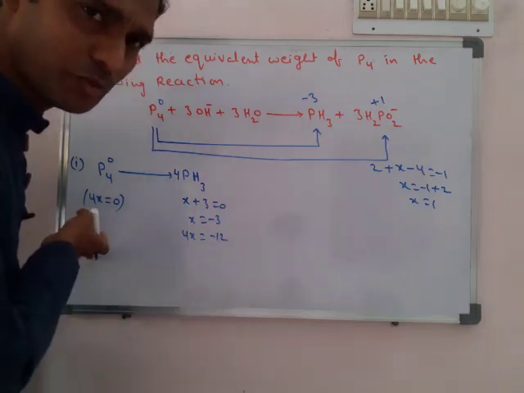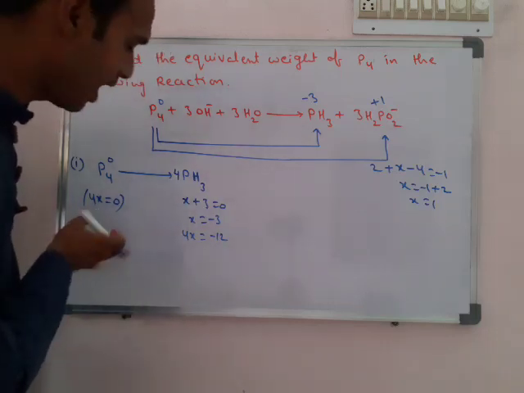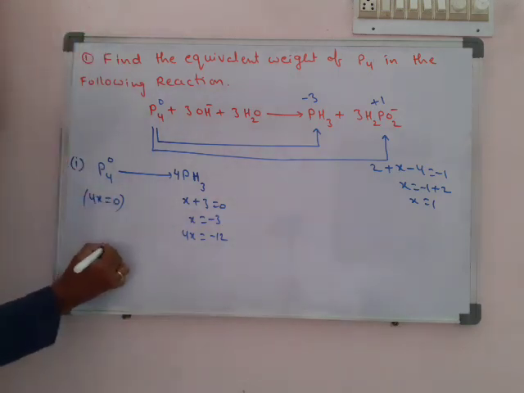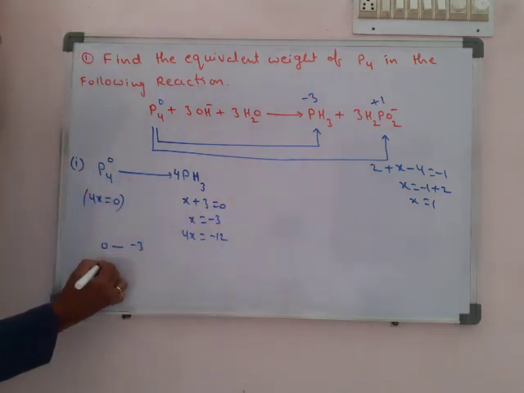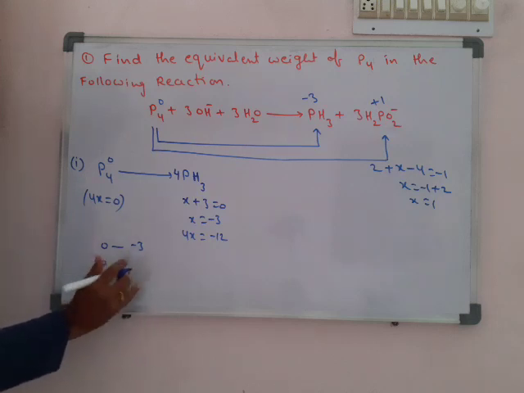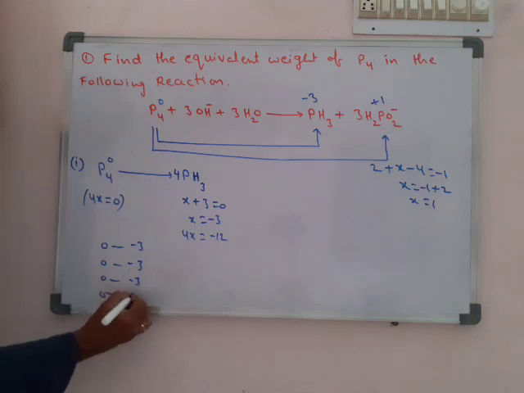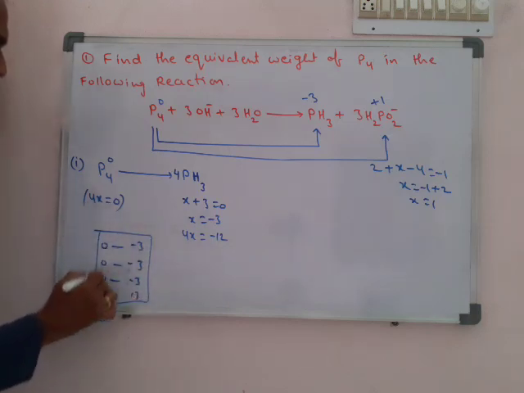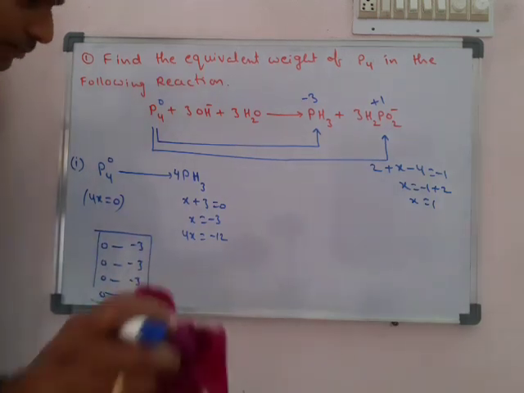Because at the start it is 4x, 4 phosphorus are there. 1 phosphorus changed from 0 to -3, so 4 phosphorus changed from 0 to -3 each. So for 4 phosphorus we simply took 4, so -12.